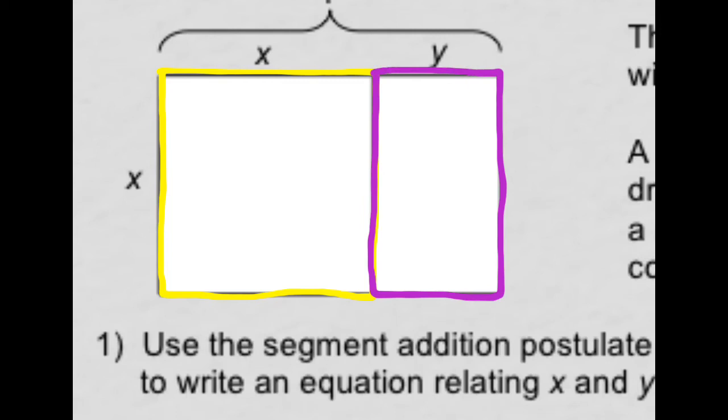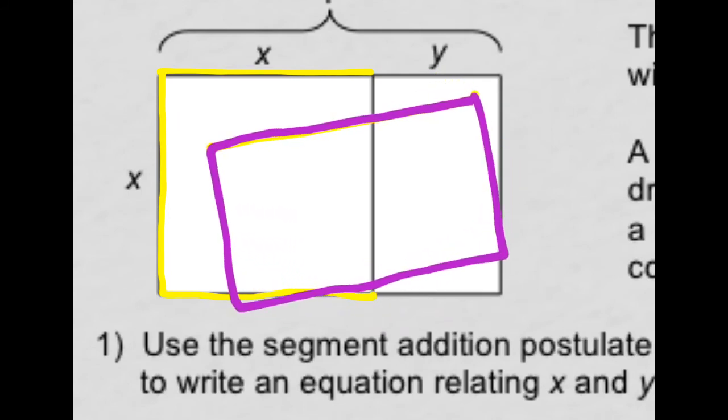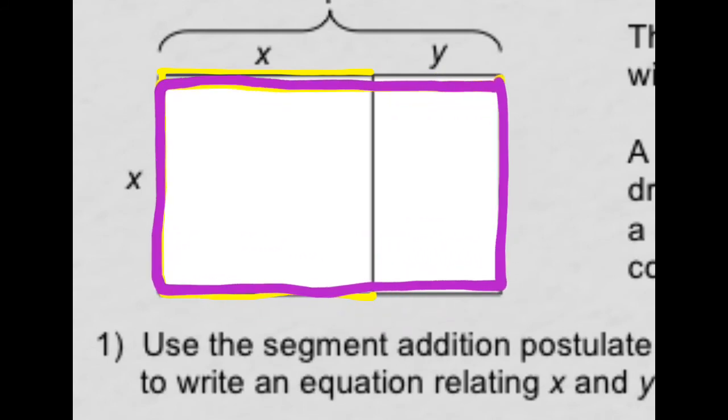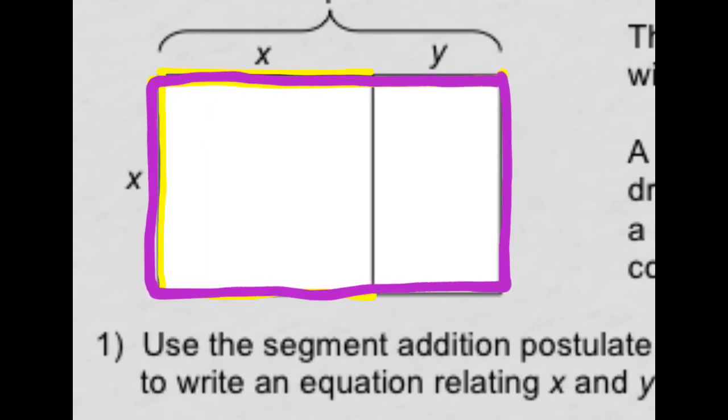Make sense? Now watch what happens when we take that rectangle, we move it, and we explode it here. We get the same rectangle as the bigger one. It's got exactly the same proportions.